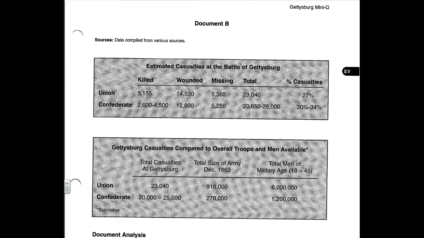So battle deaths were relatively small in terms of the overall casualty rate. Much of the killed would be people who were injured and then later died from infection or disease.